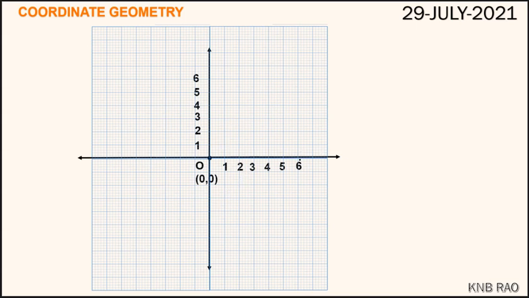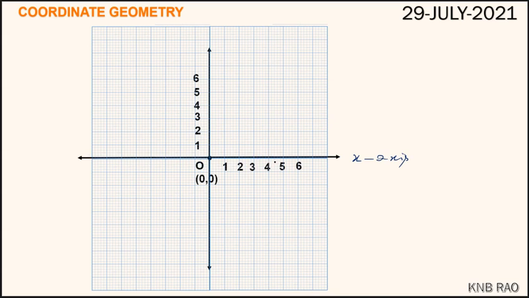If I extend this horizontal number line in the other direction, or I call this x-axis, if I extend it, I will get even negative numbers.